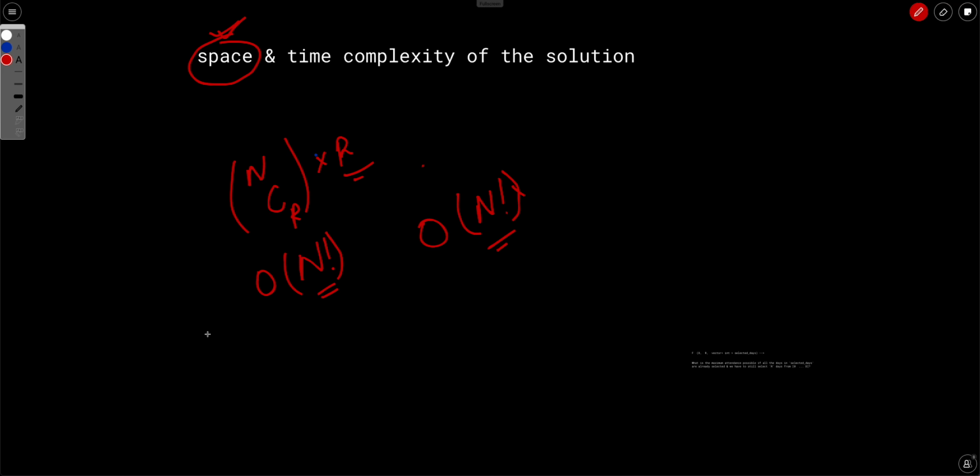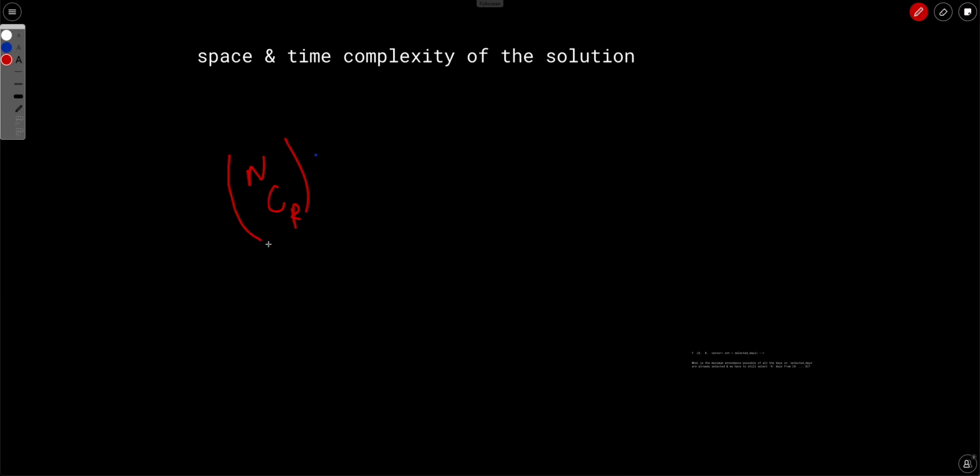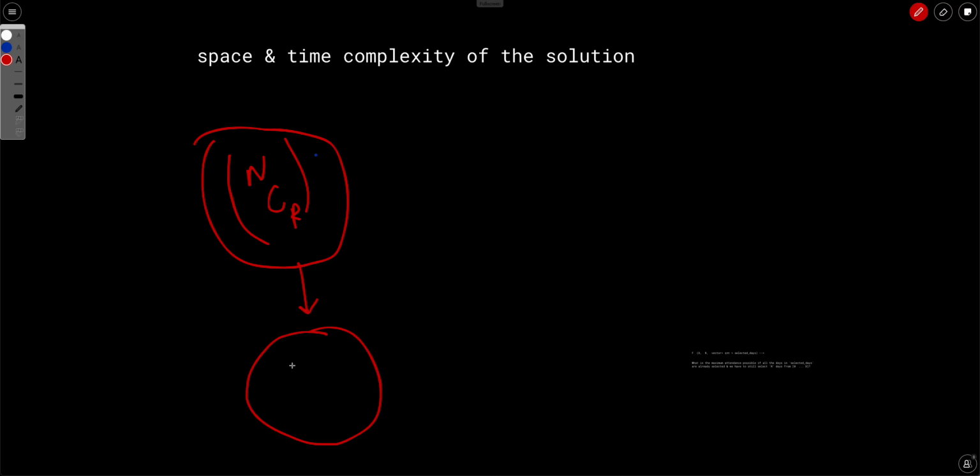What we are doing essentially is storing all the combinations first, and then the second stage is to process each element. That's what our current process is. But we can do something smarter.